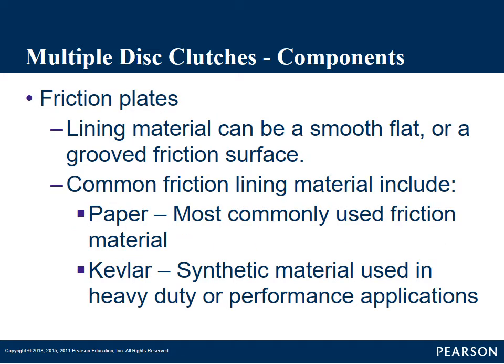On the friction material of our friction plates, this lining material can be smooth and flat, or it can have grooved friction surfaces. Usually if it's smooth or flat, these are clutch packs that are engaged in the static position. In other words, the vehicle's not moving.